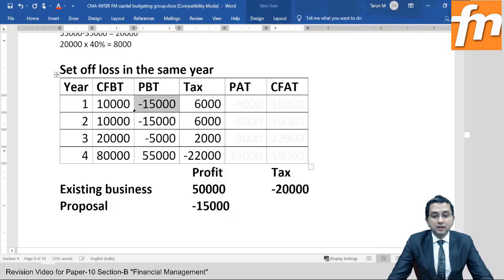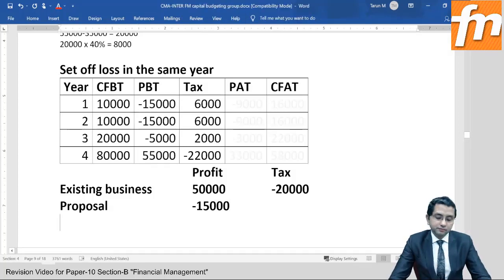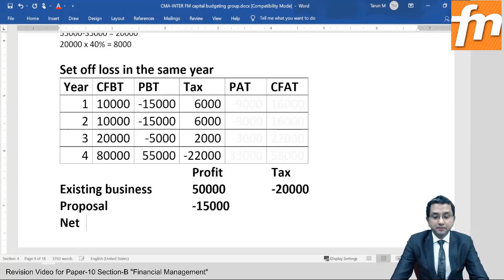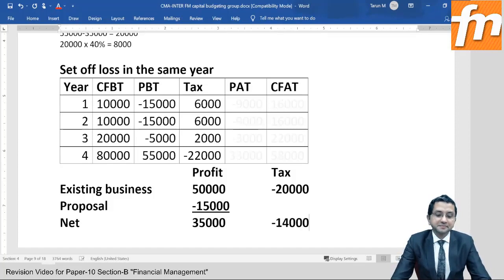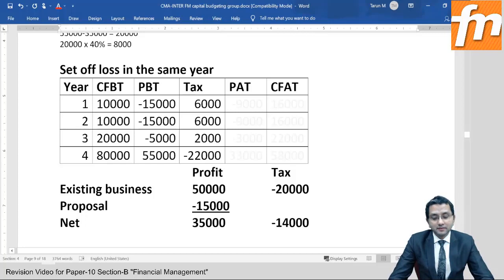See this clause, 15,000. So my net profit is just 35,000 rupees. You see? And that's why on 35,000 at the rate of 40%, I'll have to pay a tax of just 14,000 rupees. So otherwise, I was supposed to pay 20,000 as income tax on my existing business.